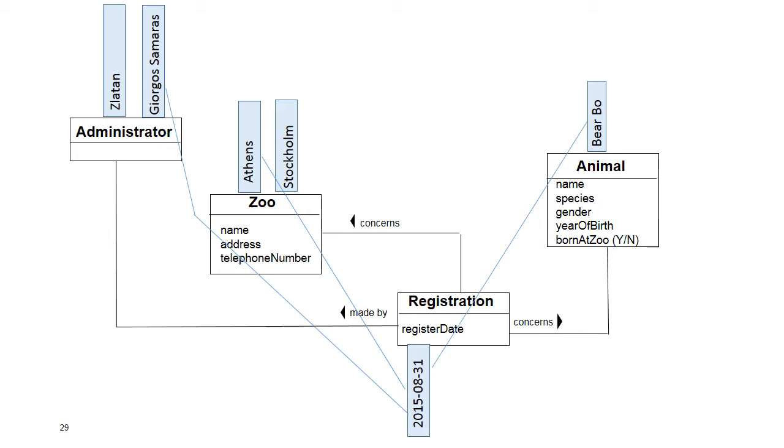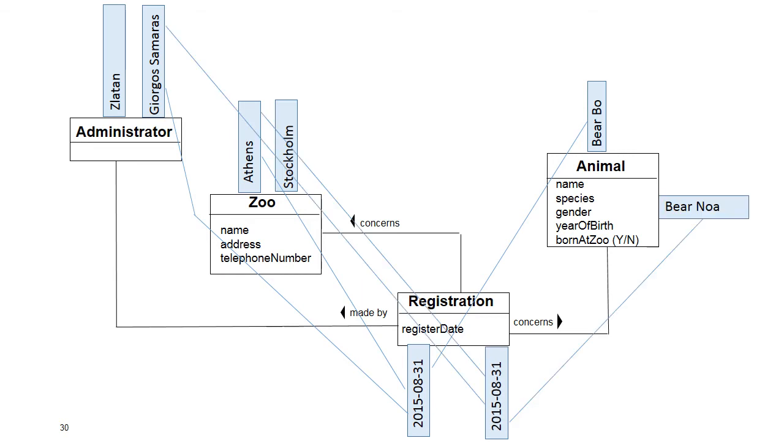Let us now add another registration object. Now we register a new animal, in this case bear Noah. The registration object is also linked to Athens, as well as to the same administrator, Georgios Samaras.